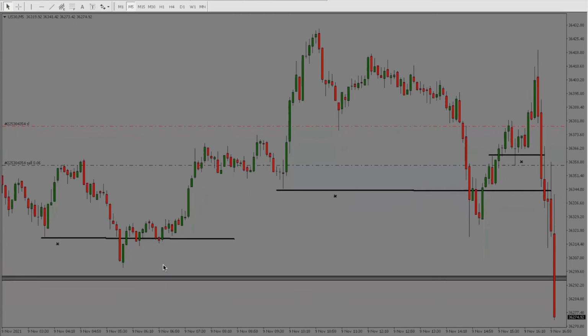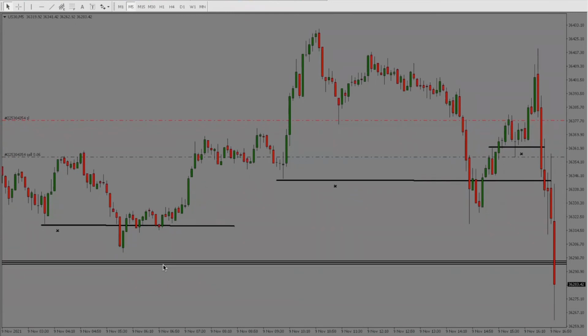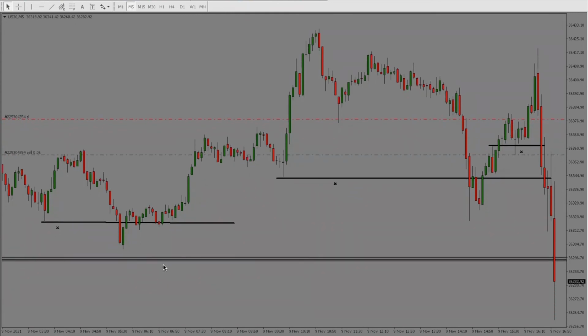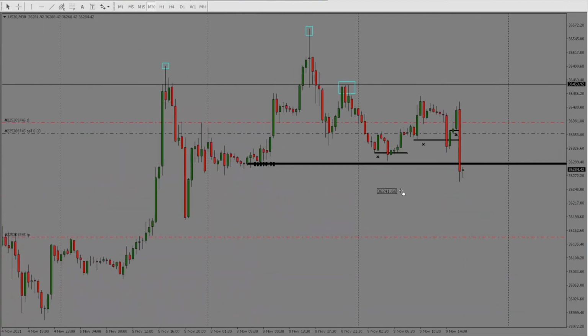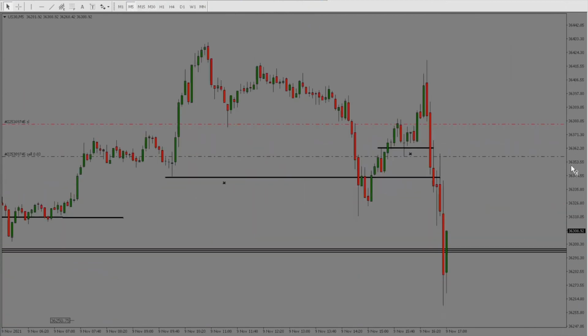And so, yeah, so we start pushing lower, finally making some expansion there and taking out that low. So we assume that if they're willing to hit that low, that they're willing to go lower, so we hold on to the trade. And it pushes down to our heavier target there.